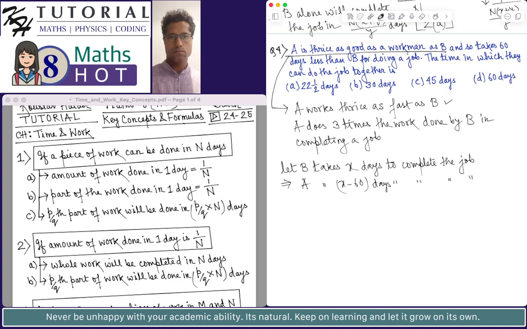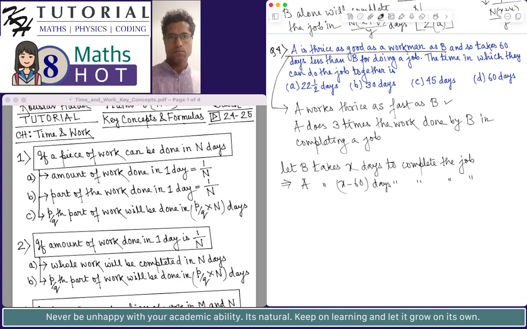Based on the assumption that B takes X days, as per the information given in the problem, A will take X minus 60 days to complete the job.